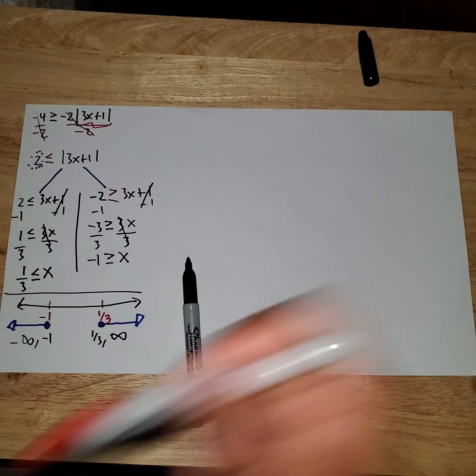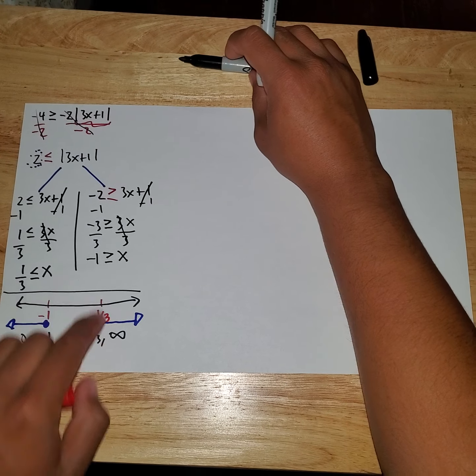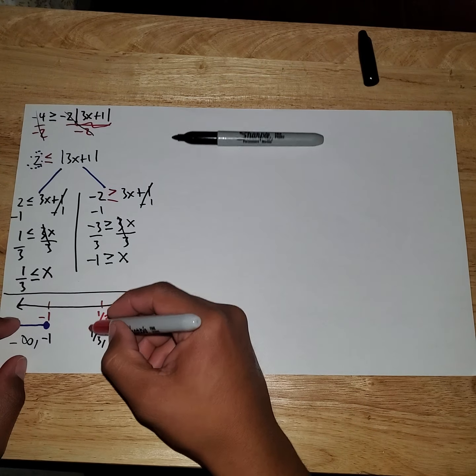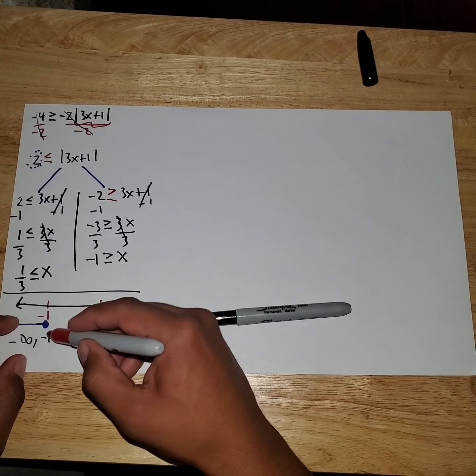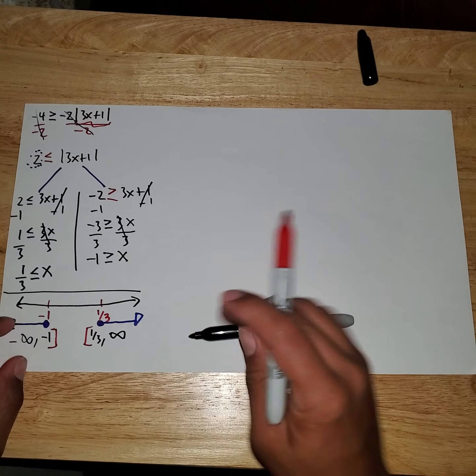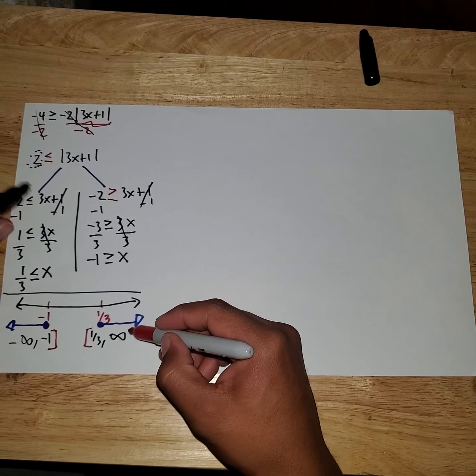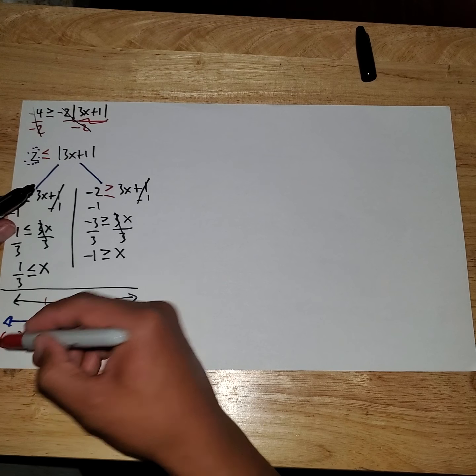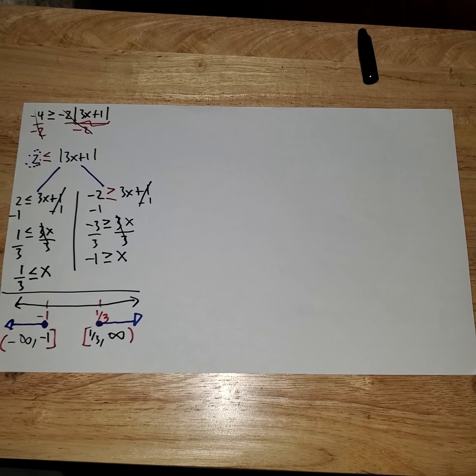But since this is a closed circle and it's equal to both of them, they're going to have a bracket around them. Remember, we always put parentheses around infinity.